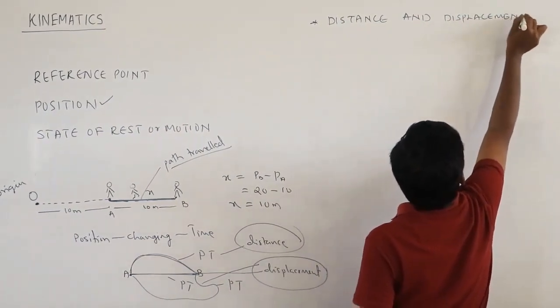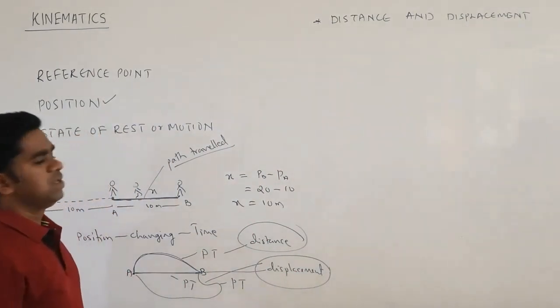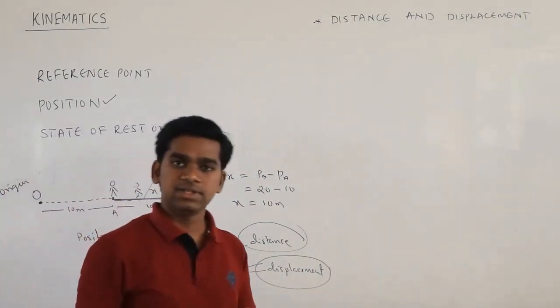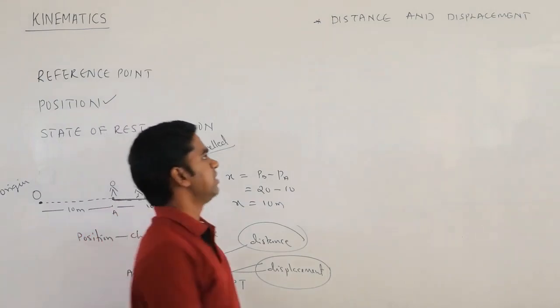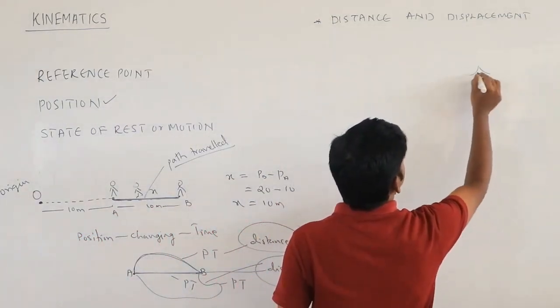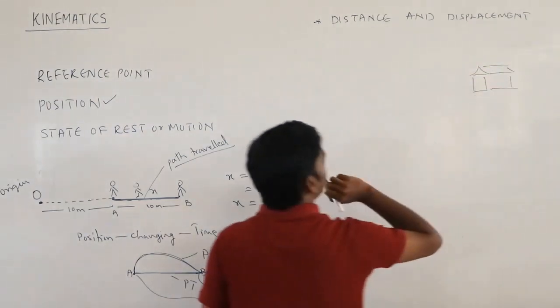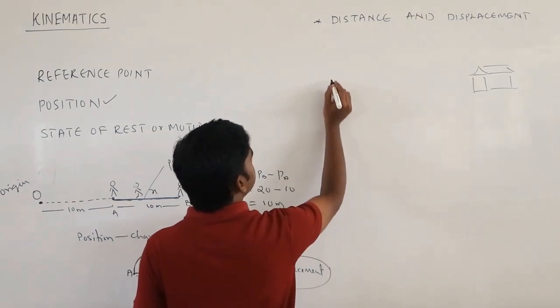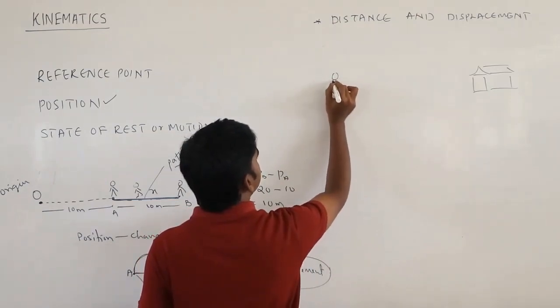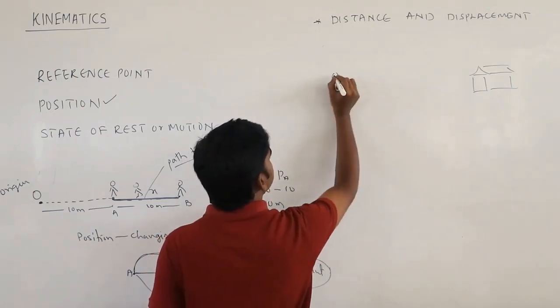We'll see what exactly distance and what exactly displacement is. For example, suppose there is a house, and a person is standing at some distance at this point. Now he has to go from here to here.